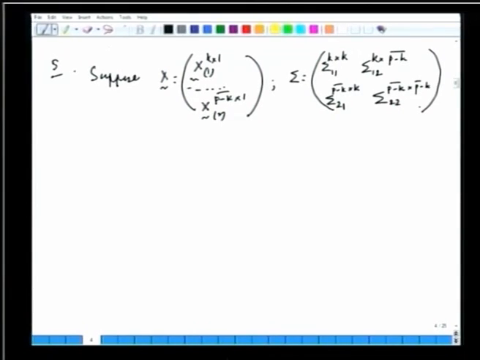So, this is how I am partitioning the variance covariance matrix when the random vector is partitioned in this way. And then I can think of the multiple correlation coefficient between any one element of this x1 conditioned on the elements of the x2.